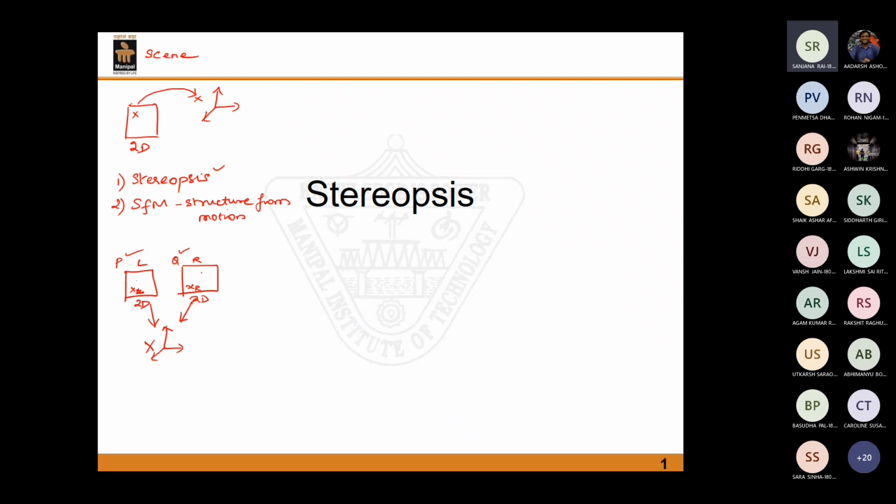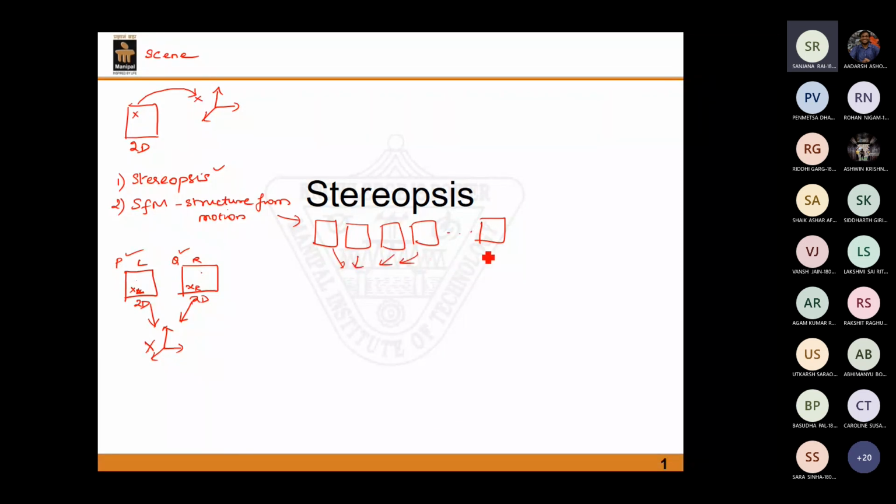Now, the second method is called SFM, the full form of which is structure from motion. In the SFM method, the input is not just two images. We will have multiple input images, and from all of them we try to reconstruct.